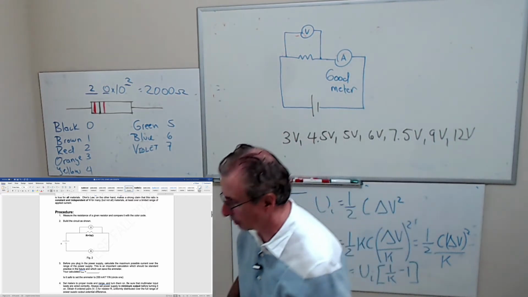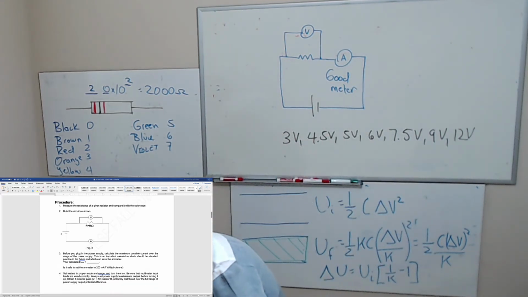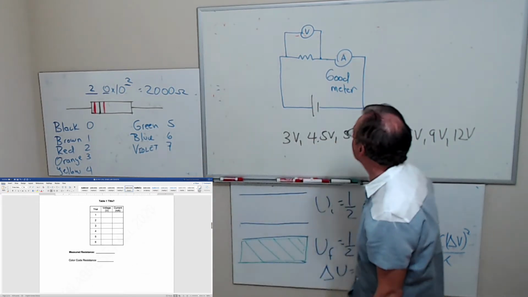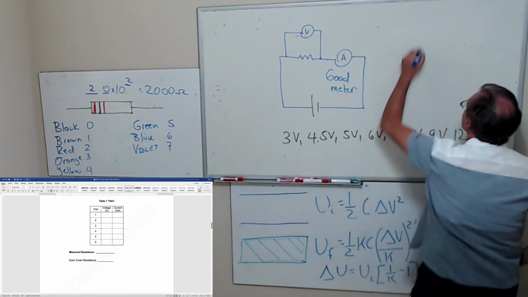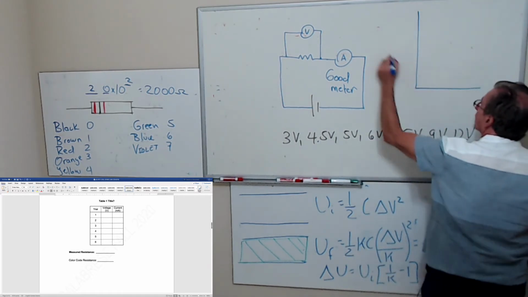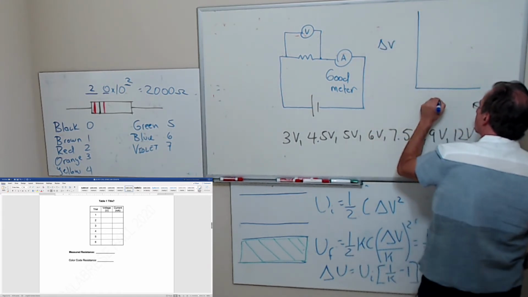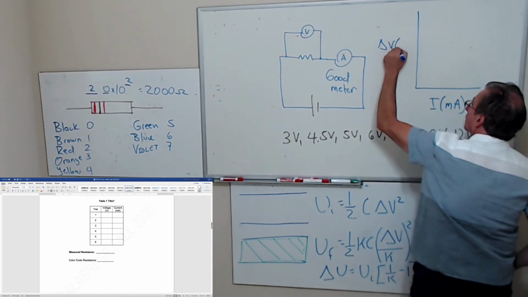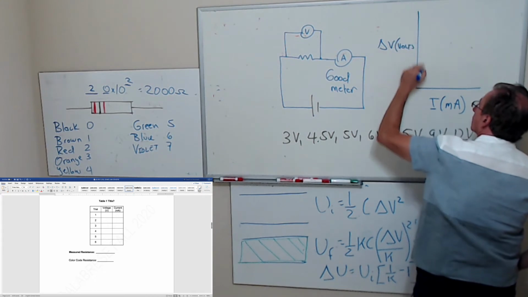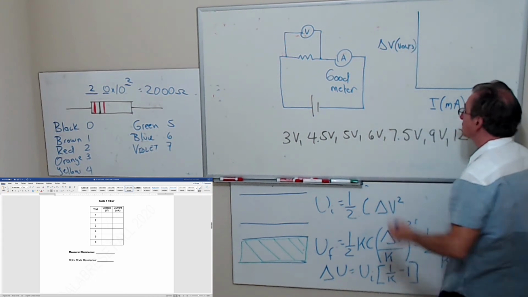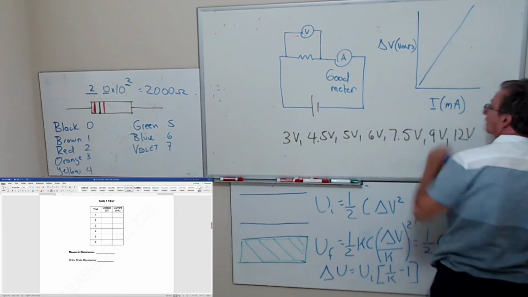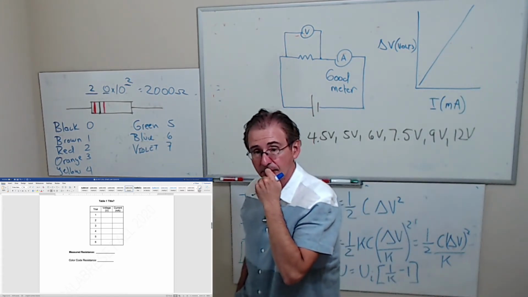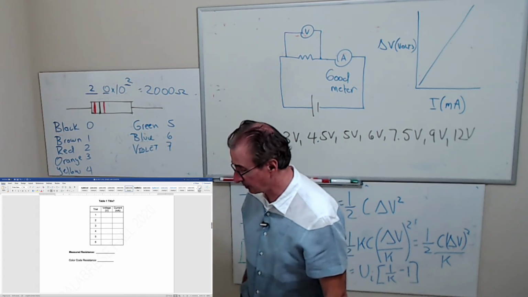And so what you're going to do is create a data table. It's not a big data table, of voltage as a function of current. And if the resistor obeys Ohm's law, you should get a straight line. And guess what the slope is going to be?